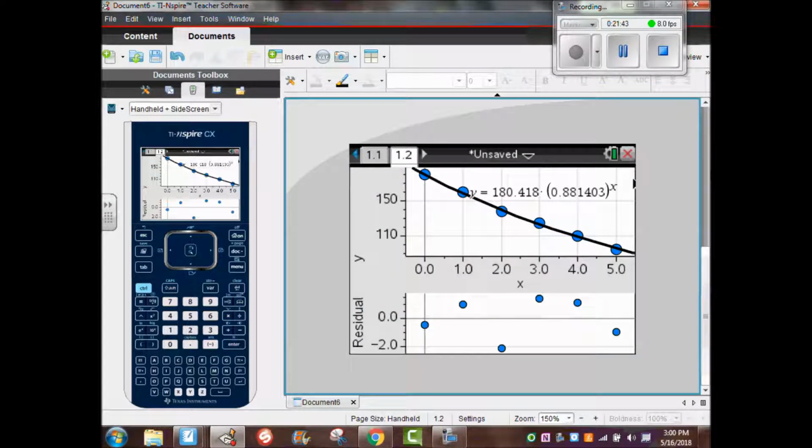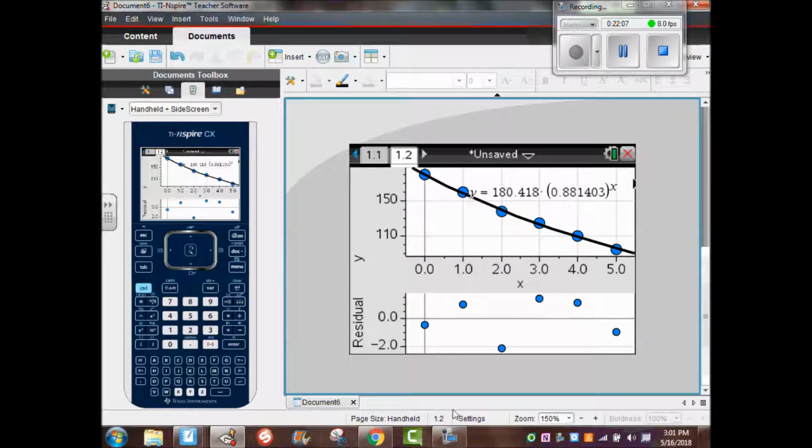Is the residual plot nice and scattered? Yeah. So what does that tell us about exponential regression? Was that a good model for that data? Yeah, all day long. If you see a general shape to your residual, then you know the model you picked was not good for that data. Okay?